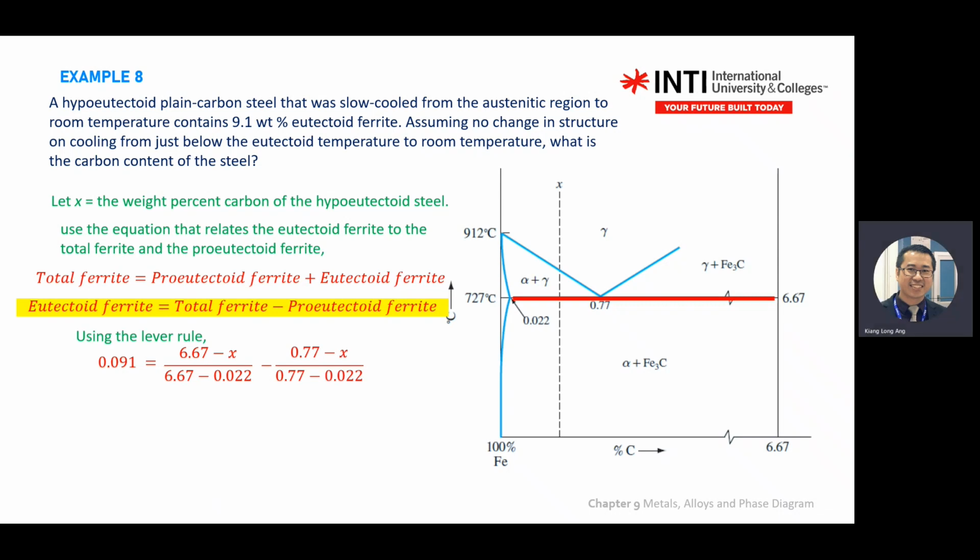Okay, this is the total ferrite. Then the pro-eutectoid is 0.77% minus x divided by 0.77 minus 0.02%. Okay, so this is to find the weight percentage.